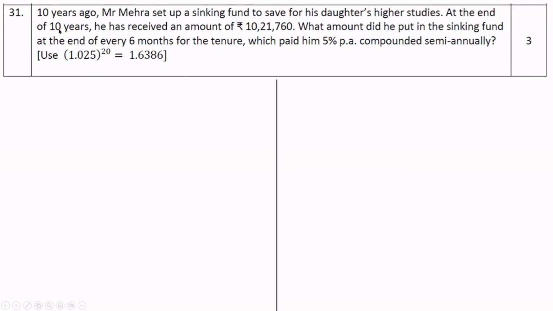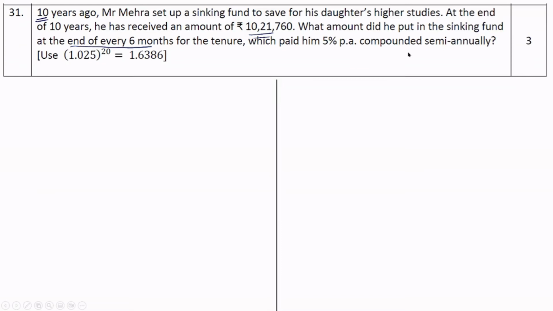So the time period is 10 years, and the amount received is rupees 10,21,760. We need to find the amount put in the sinking fund at the end of every 6 months.